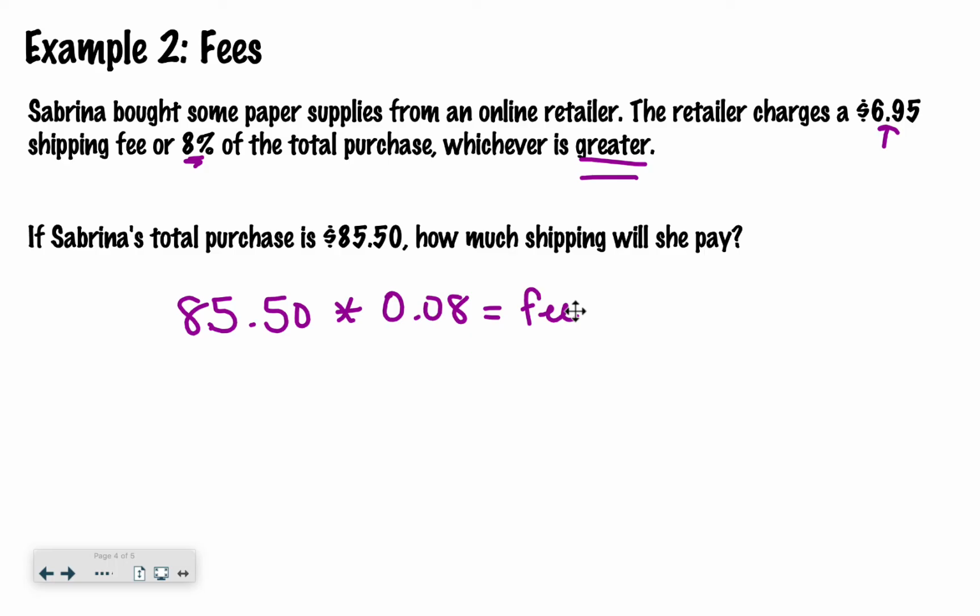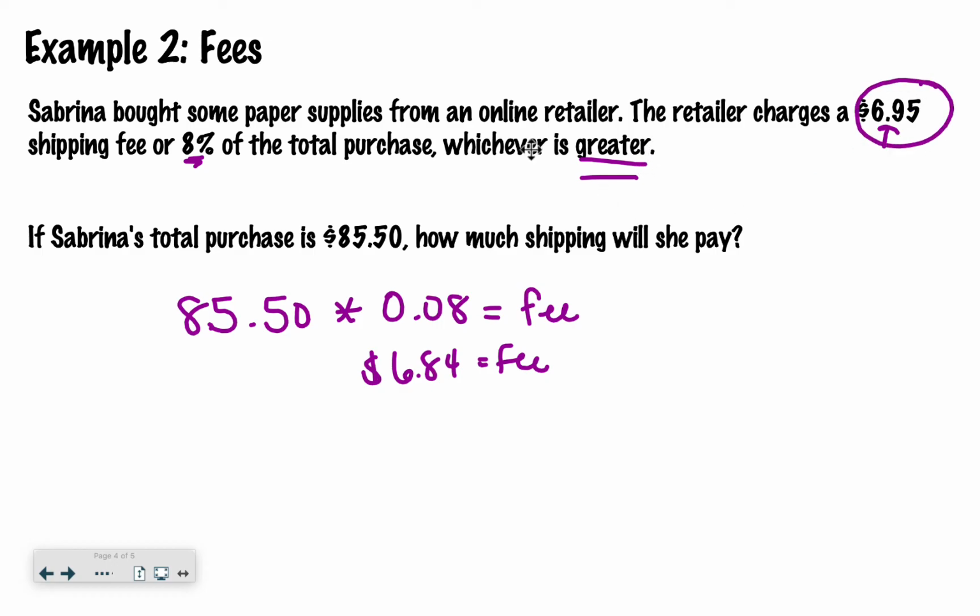So $85.50 times my percentage as a decimal, 0.08, is a $6.84 fee. So the 8% is $6.84. The flat rate is $6.95.